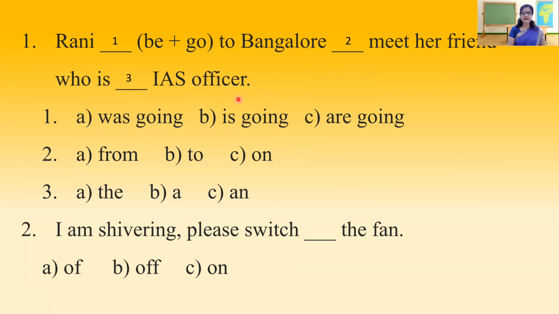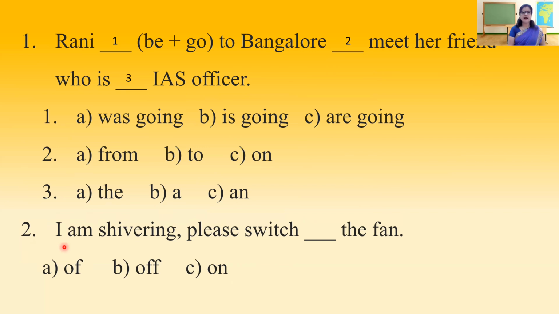When the be form is there, go plus ing. Second, to meet her friend. You can't write from or on. So Rani is going to Bangalore to meet her friend who is, which article do you have to use here? Who is an IAS officer. Why? Because I is a vowel letter and it gives you a vowel sound.